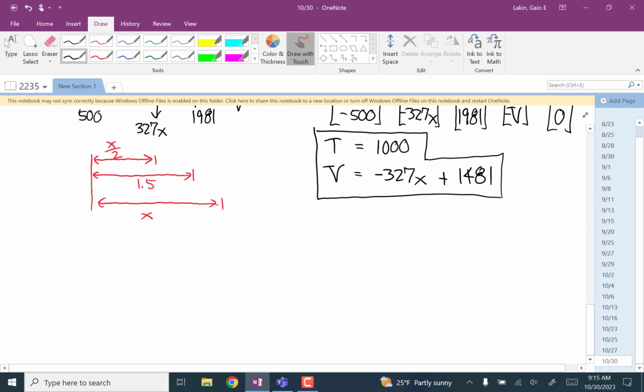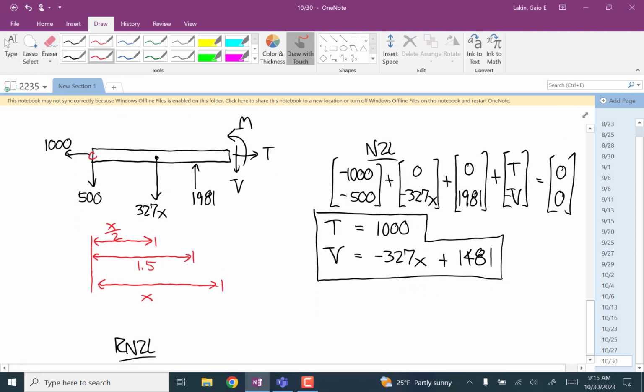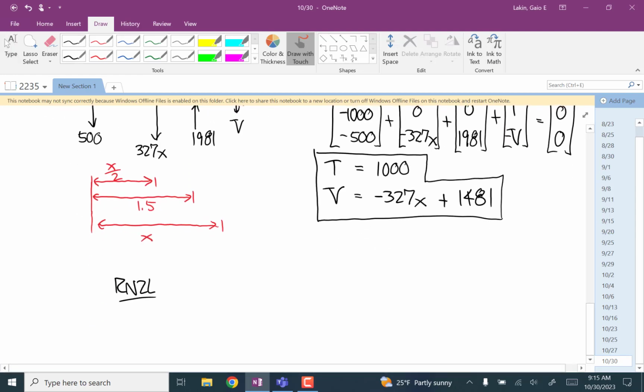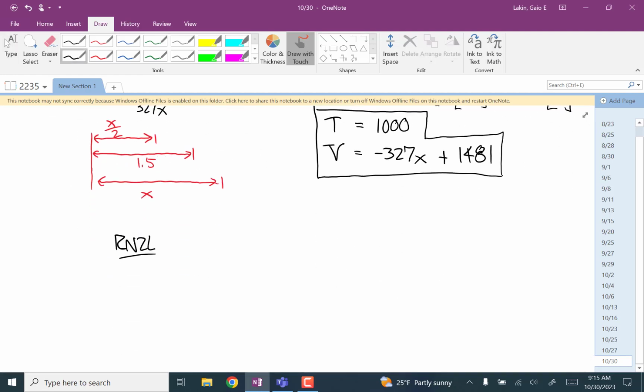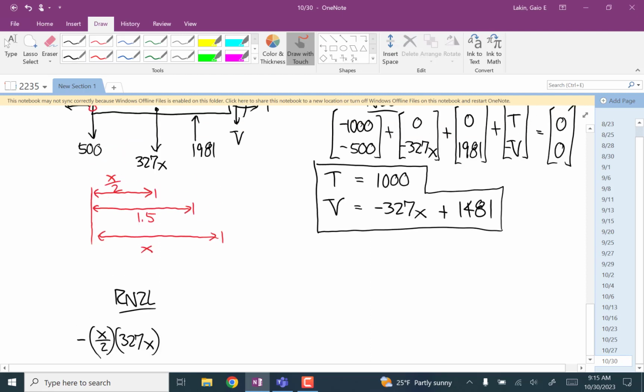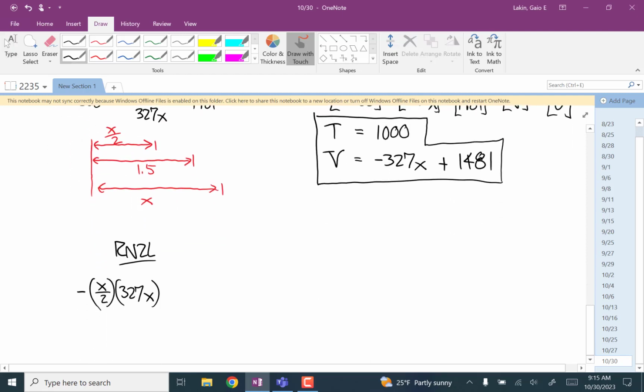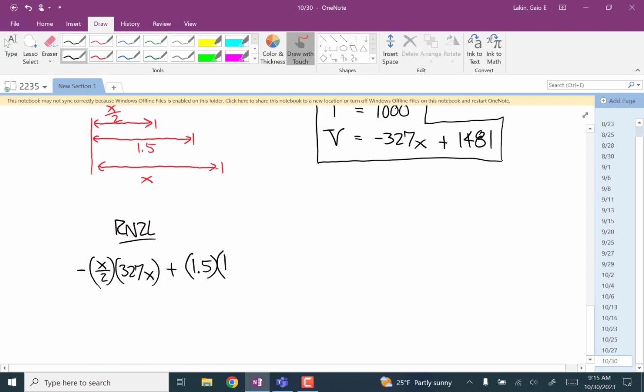And then the moment equation. So you have a clockwise moment with a force of 327x and a moment arm of x over 2. Counterclockwise moment with a moment arm of 1.5 and a force of 1981.